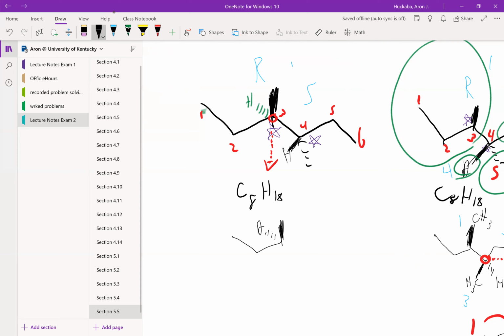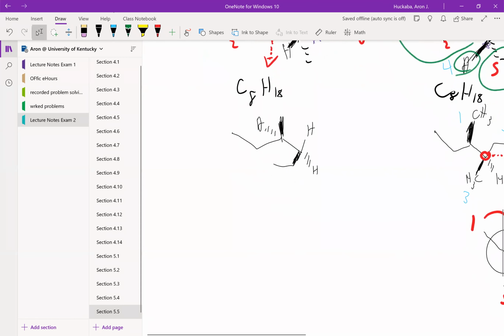then you have the ethyl group there, hydrogen going back, CH3 up. Yeah, that should have been S, because of the Newman projection here. We'll do the same thing.